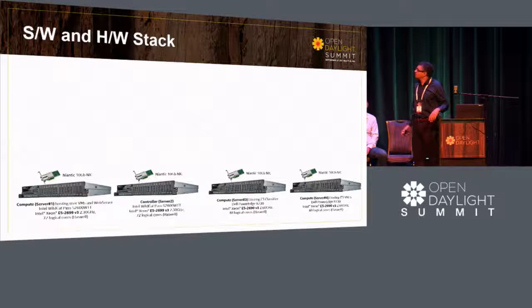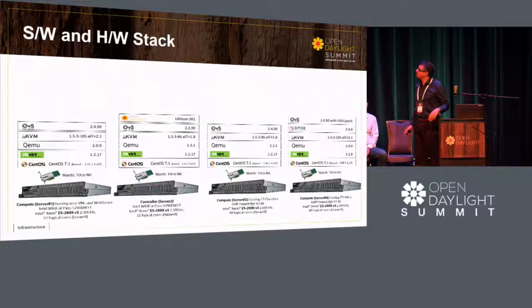They're all running Niantic 10 gigabit NICs, and this is the infrastructure stack, if you will, on these servers. Notice that server number 2 is our controller, and it has the ODL Lithium, while server number 4 has OVS DPDK, compared to servers 1 and 3 having only OVS.